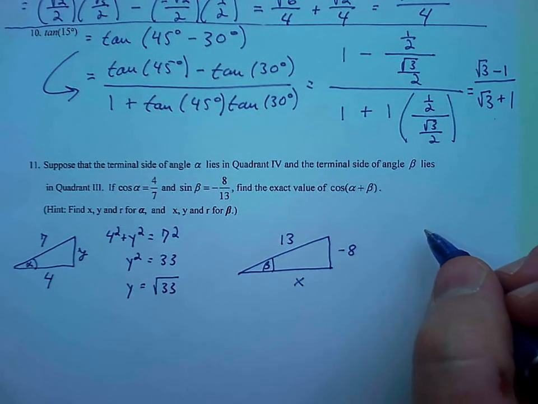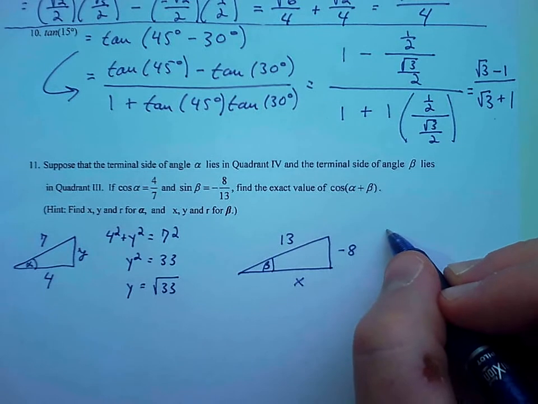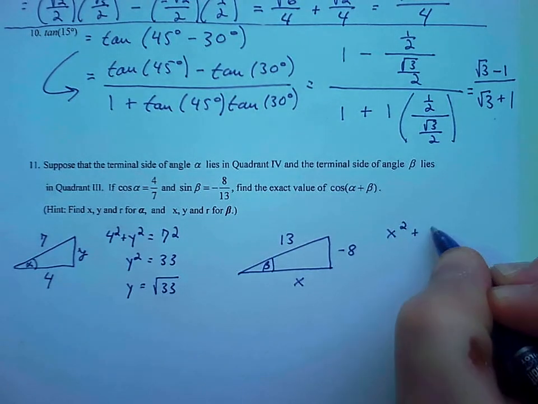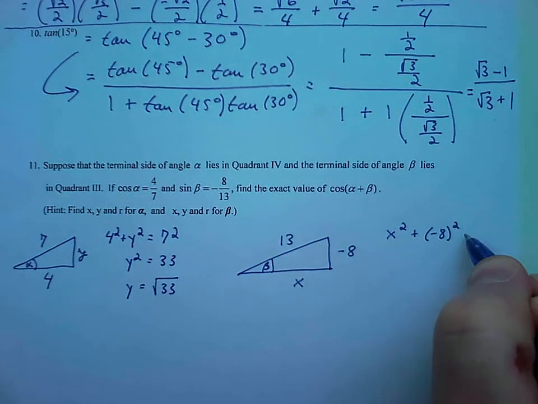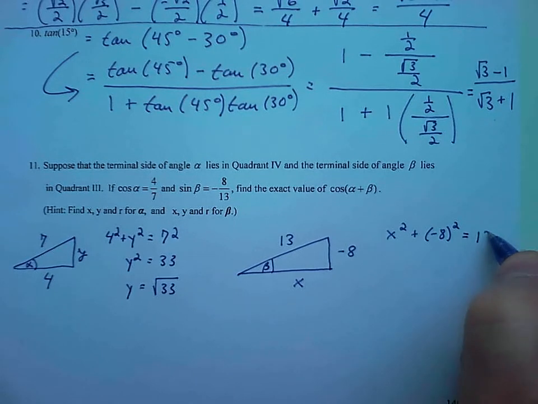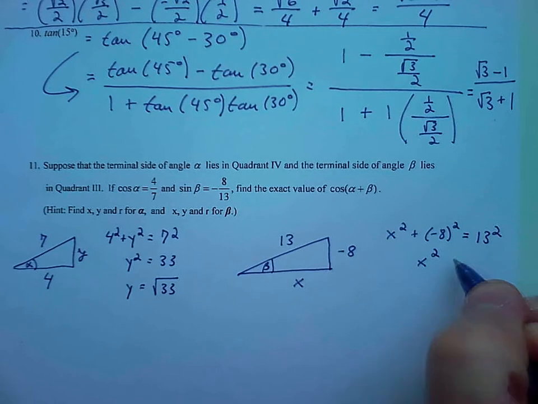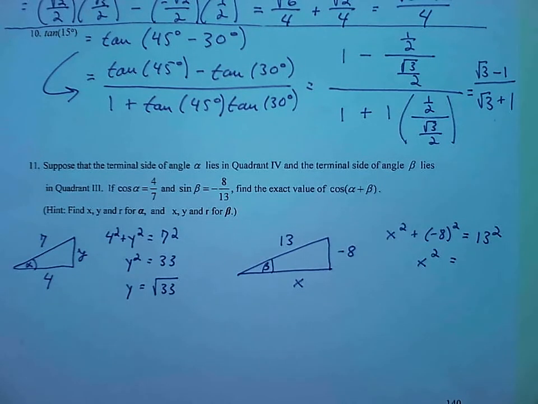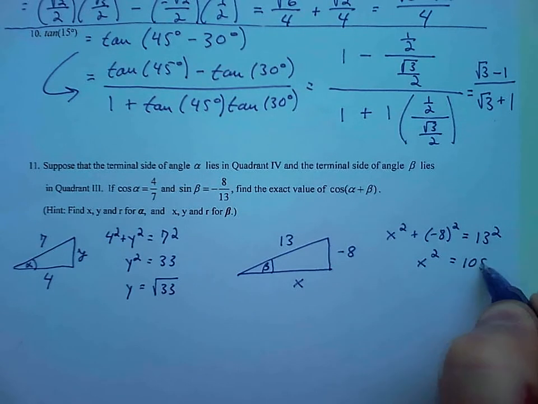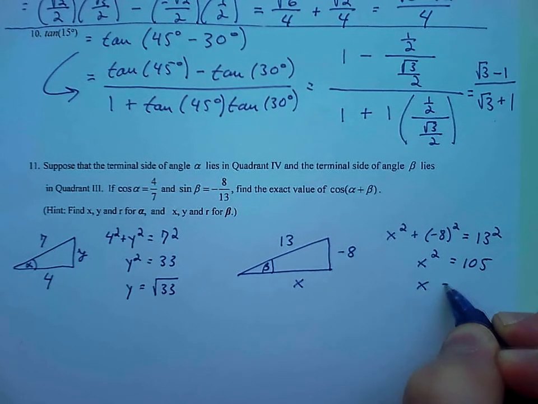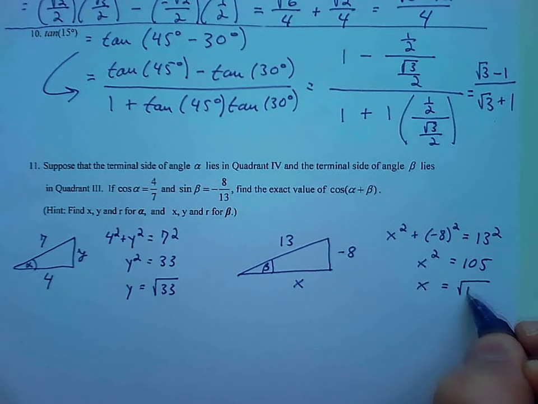And for x, we're going to get x squared plus negative 8 quantity squared is equal to 13 squared. So therefore x squared is going to be equal to 169 minus 64, which is 105. So therefore x is going to be equal to the square root of 105.